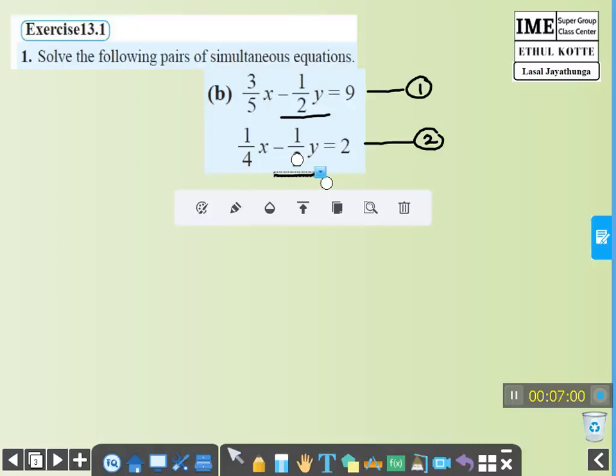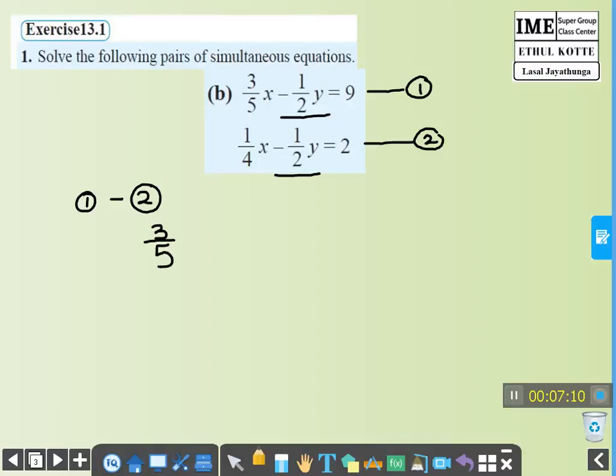We will subtract now. 1 subtract 2. 3 upon 5x subtract 1 upon 4x. No need to write these two terms because when you subtract them, they get cancelled. The other side, 9 minus 2.